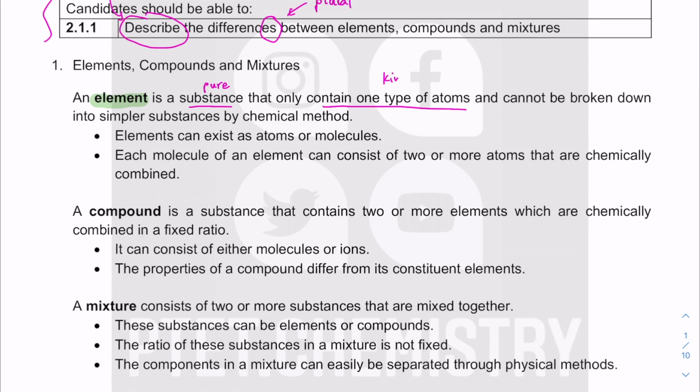Essentially they mean the same thing, but the idea is one. It's not one atom, it's one type of atoms. So I better highlight the whole thing. And therefore it cannot be broken down into simpler substances by chemical methods.